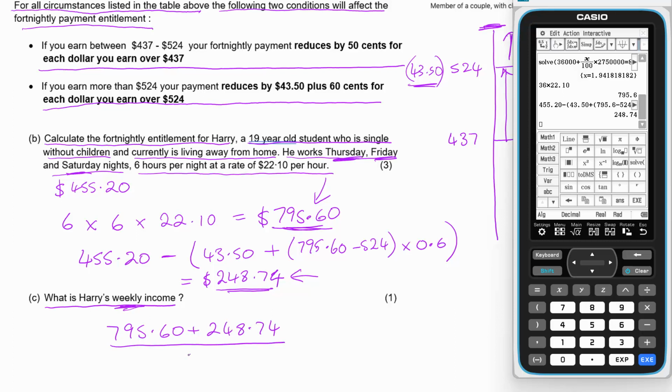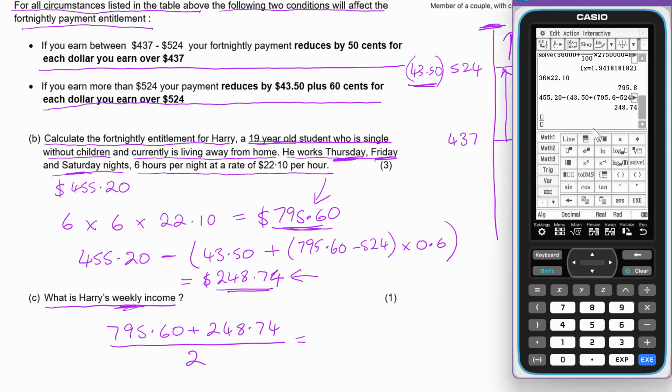So we've got to divide by 2. So we are going to have the 248.74, I could have just hit the answer button, and the 795.60, put those together and divide by 2, and we get 522.17.